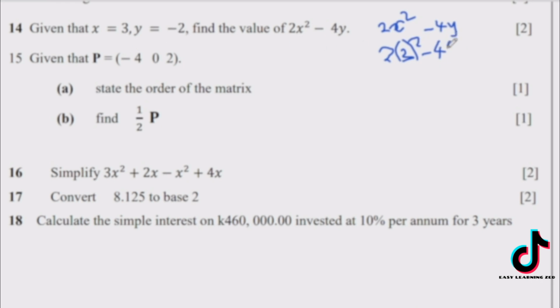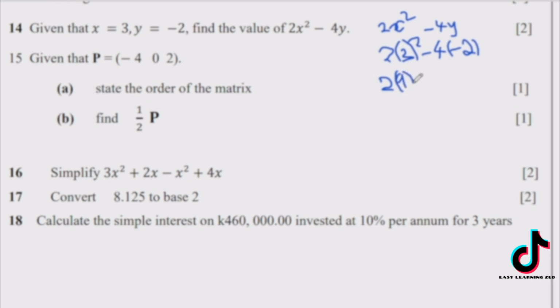It's negative 2, so times negative 2. Then we're going to find the value of this first in brackets. So we're going to come up with 2 times 3, since it's squared, so we say 3 times 3, which will give us 9.